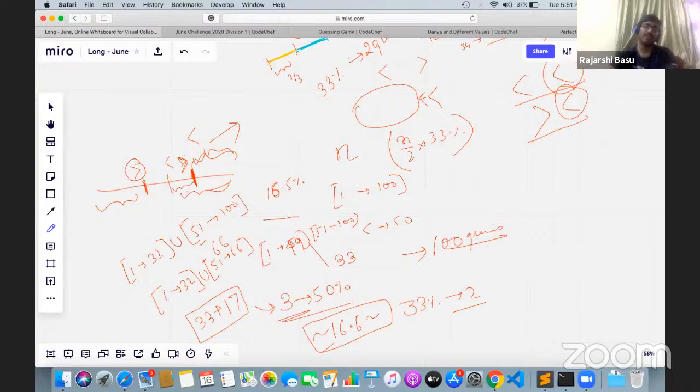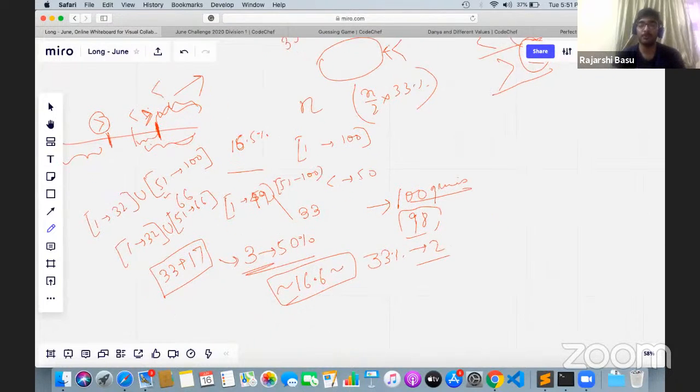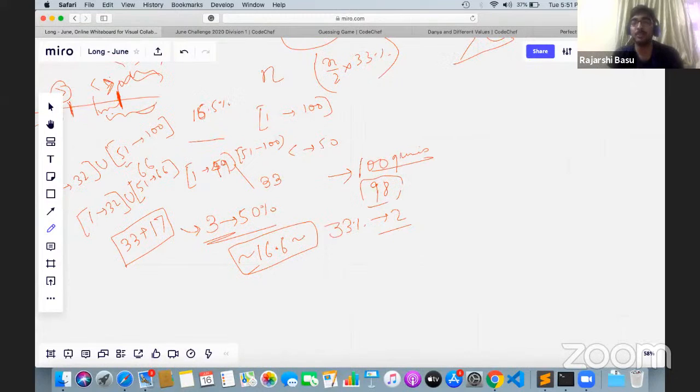Maybe even less than 100 queries, I'm not sure. I think it was like 98 queries. But the bound on the number of queries wasn't too strict, so that you don't have to worry about exactness of implementations. There was a buffer of 10 to 20, but this is the full solution.